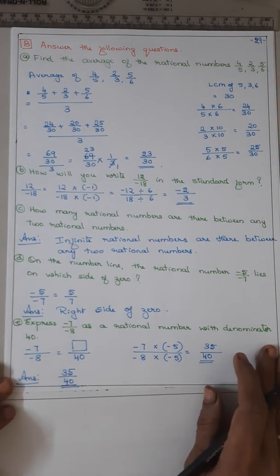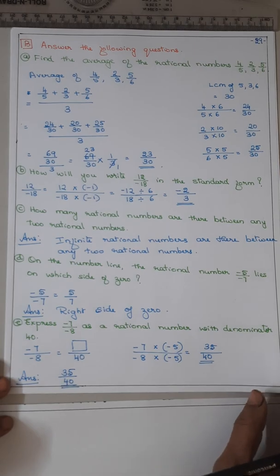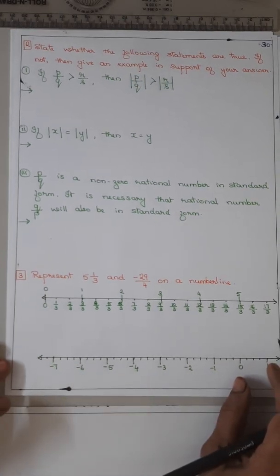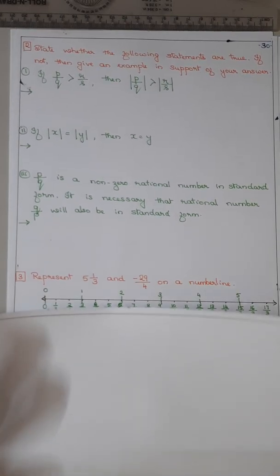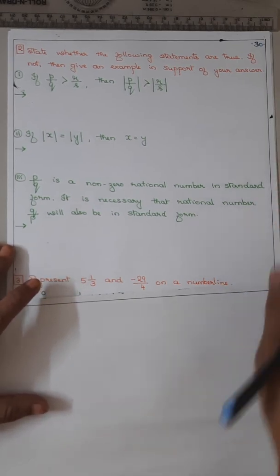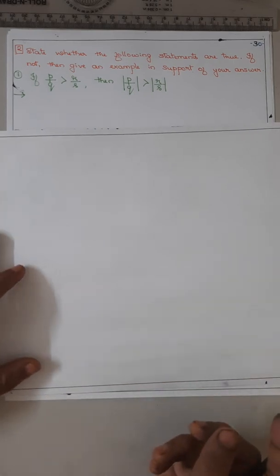Hope everyone understood question number 1, sections A and B. Now coming to question number 2. State whether the following statements are true. If not, give an example in support of your answer.